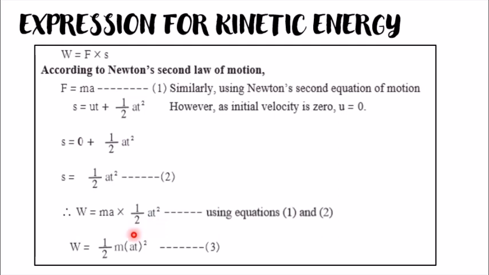So we have got that W is equal to mass into acceleration multiplied by half acceleration into time square. We can also write it as work is equal to half, as m we can take out and at square we can put in a bracket. Because here 2a is there, we will put at the whole square, and we will get that W is equal to half m (at) square.